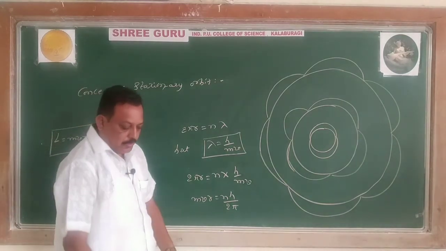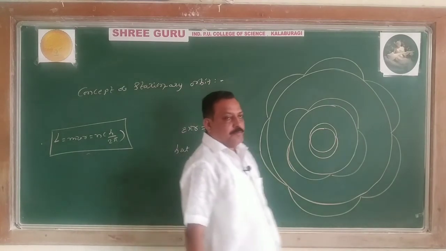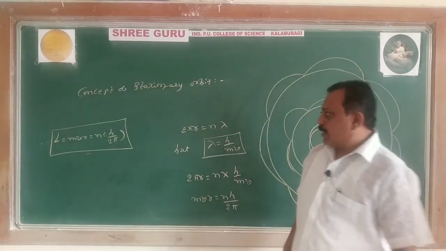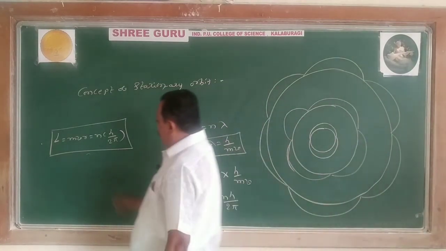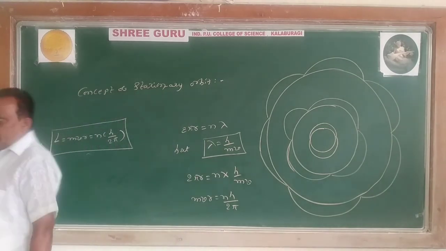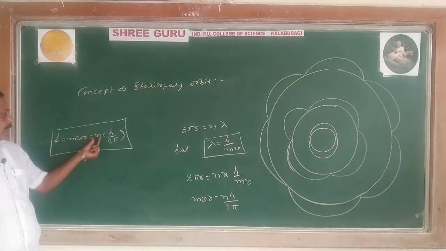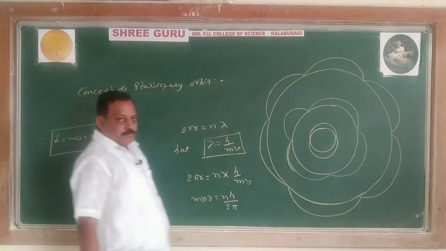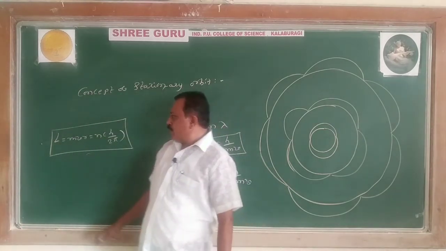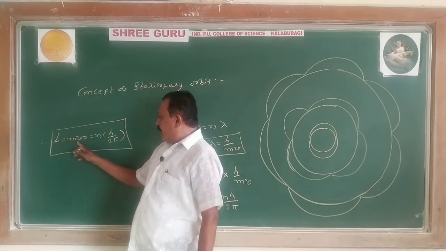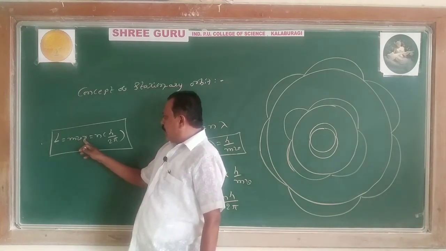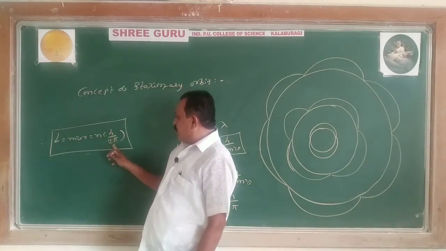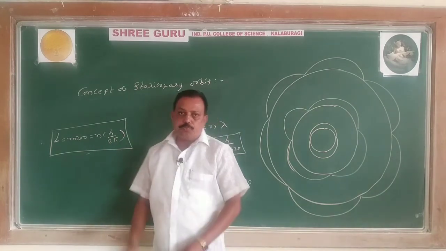So according to Bohr's quantization rule, the angular momentum of the electron around the nucleus, mvr, is equal to an integral multiple of h divided by 2 pi. The angular momentum of the electron in a stationary orbit, mvr, is equal to an integral multiple of h divided by 2 pi.